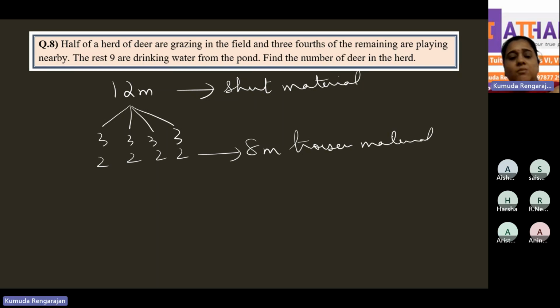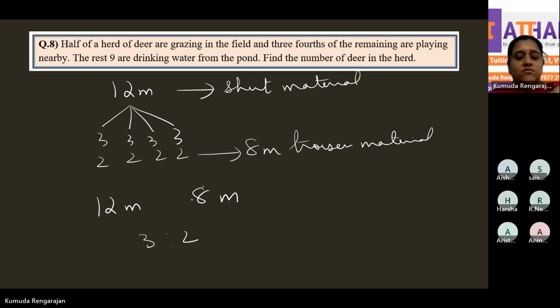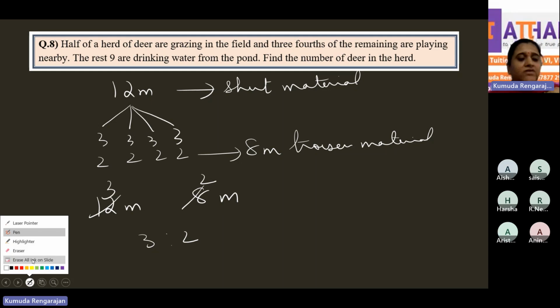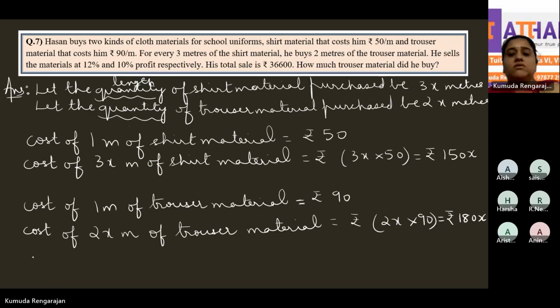So 12 meters of shirt material, correspondingly 8 meters of trouser material. What is the ratio? 3 is to 2. So for every 3 meters of shirt material, he buys 2 meters of trouser material.